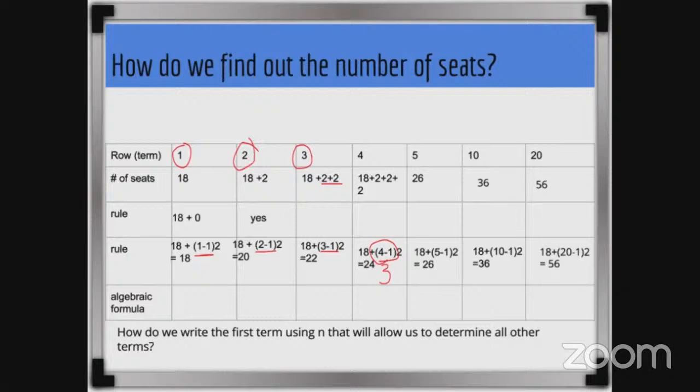Miss, you would say that S equals 18 plus, and I can use R for the row number. You could. So I would say that S equals 18 plus open bracket R minus 1 close bracket, and then put 2 at the end, and that's the formula.